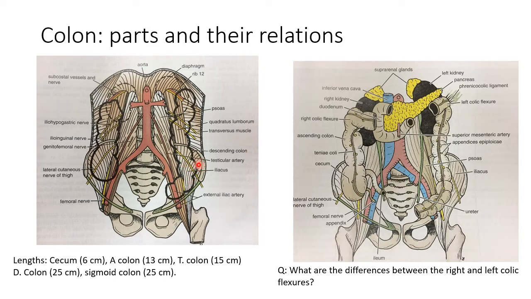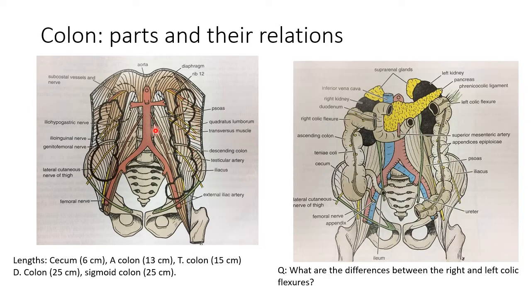So iliacus, and this muscle which is psoas major, and the nerves including the femoral nerve, lateral cutaneous nerve of the thigh, ilioinguinal nerve, iliohypogastric nerve, and the subcostal nerve and subcostal artery.